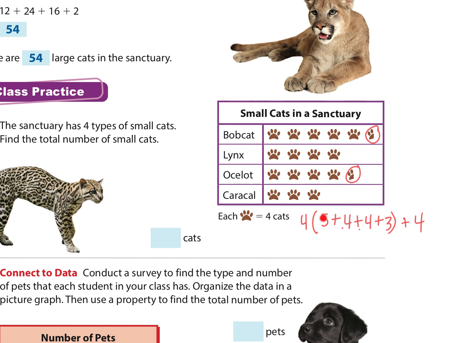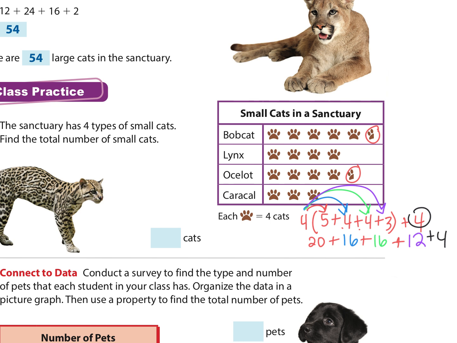Okay, now I can distribute. 4 times 5 is 20, plus 4 times 4 is 16, plus 4 times 4 again is 16 again, plus then I have 4 times 3, which is 12, and then I have this plus 4 at the end.